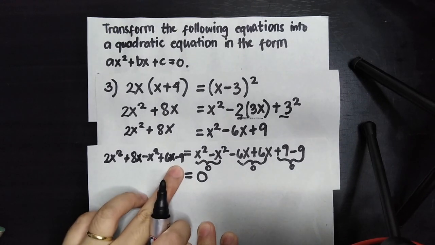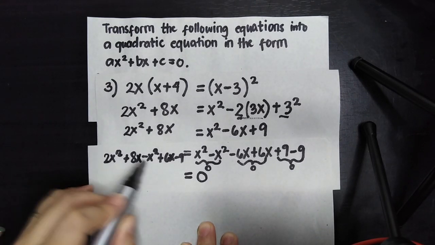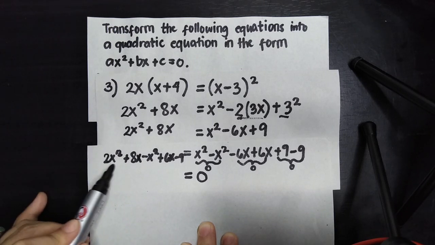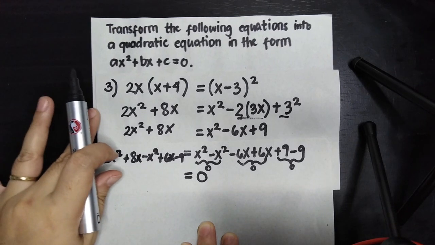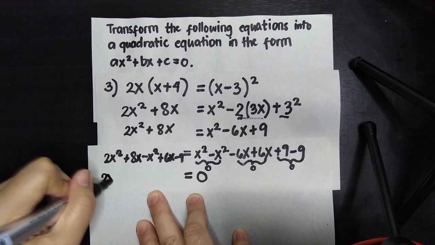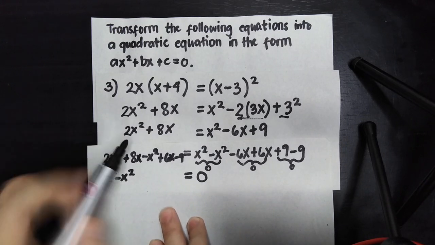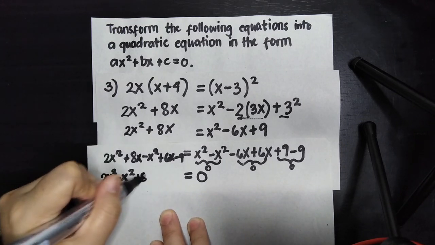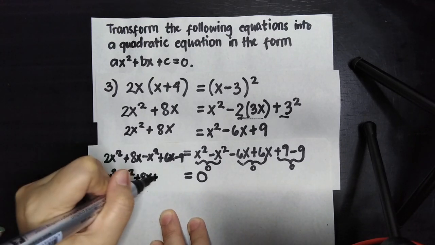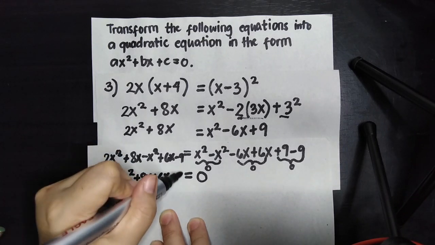So, on this side, we see that there are like terms. So, 2x squared, we can combine this with negative x squared. So, it becomes 2x squared minus x squared because they are like terms. And then 8x, so plus 8x plus 6x, we can combine that. And then minus 9.